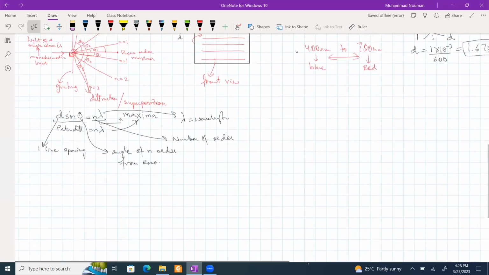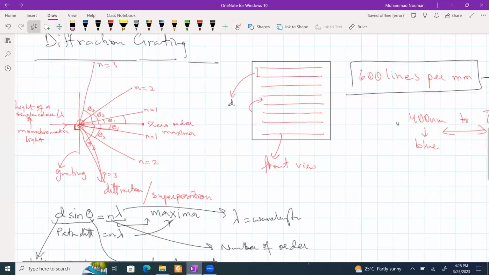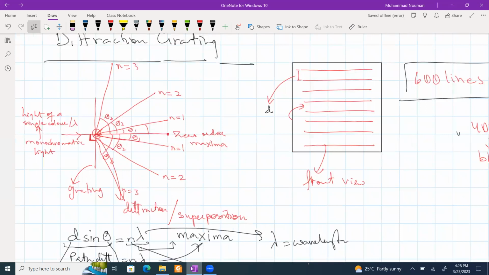Suppose they ask you to find the maximum number of orders that we obtain by a single diffraction grating. What they mean is this, even this and this one as well. How many maximum orders will be obtained?